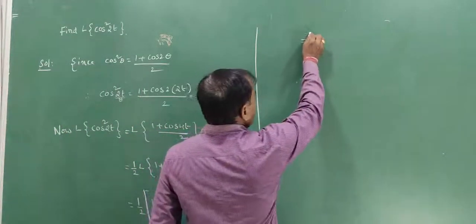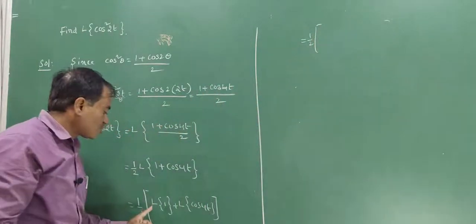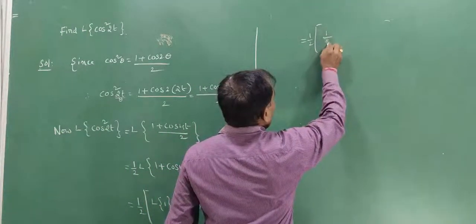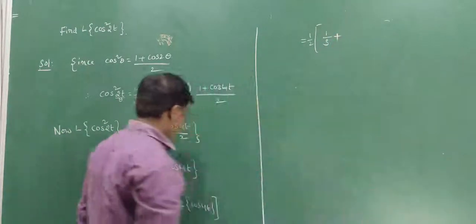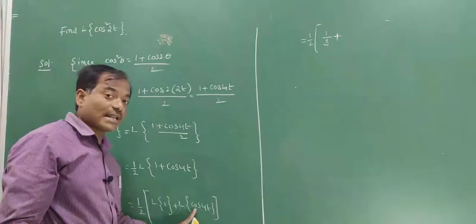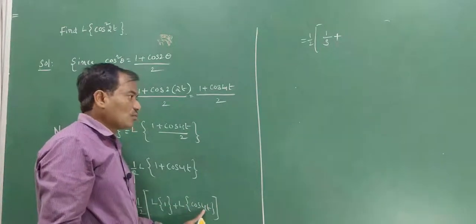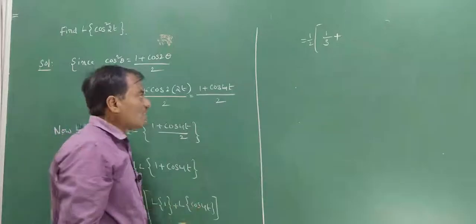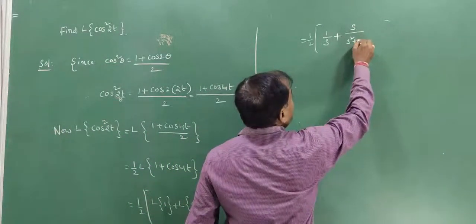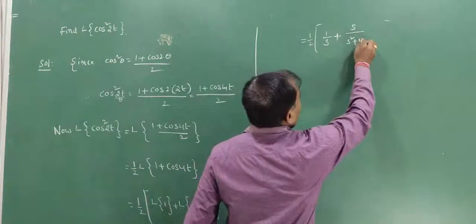This is equal to 1 by 2 of, we know that the Laplace transform of 1 equals 1 by s, plus the Laplace transform of cos at. This is in the form of the Laplace transform of cos at. So what is a here? 4. We know that the Laplace transform of cos at equals s by s square plus a square. What is a here? 4, so 4 square.